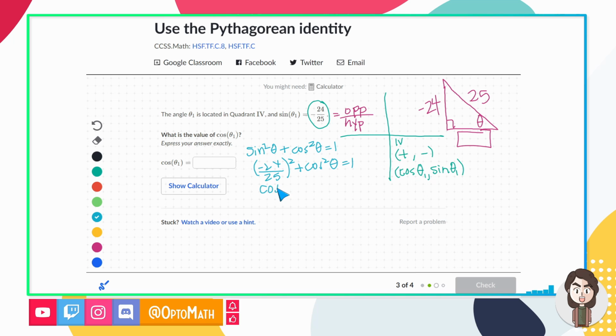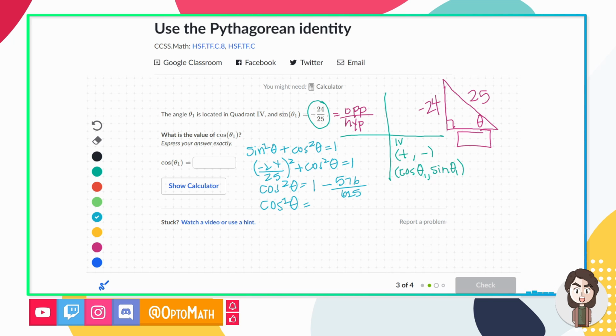So cosine squared theta is equal to 1 minus all of this stuff. So just using your calculator, you can square 24 and 25, and this is the fraction you get from that. Now we'll do 1 minus this fraction.